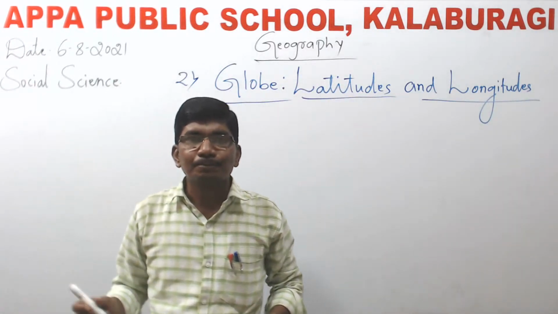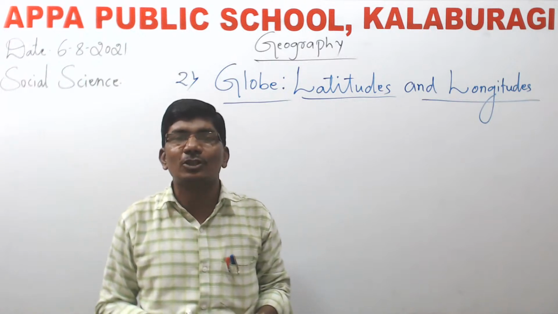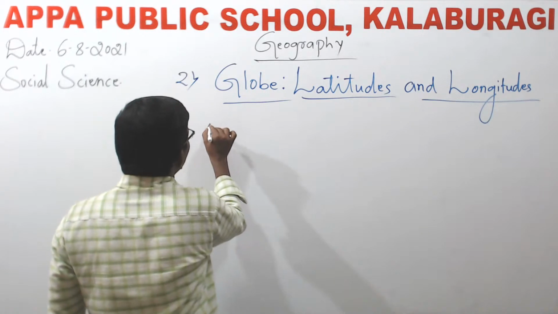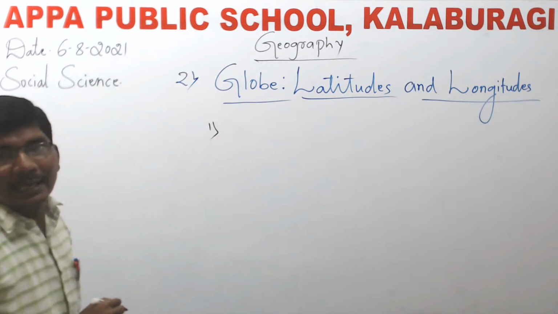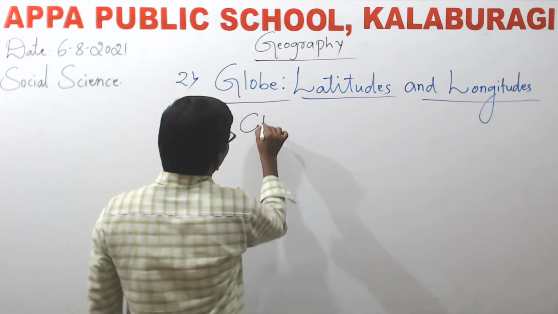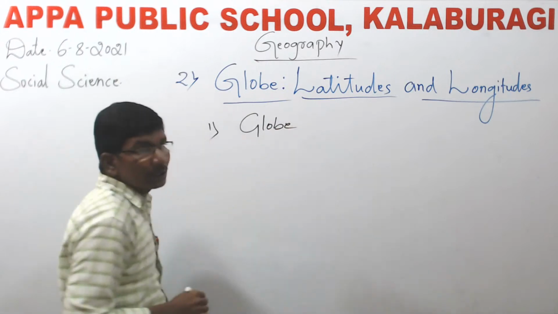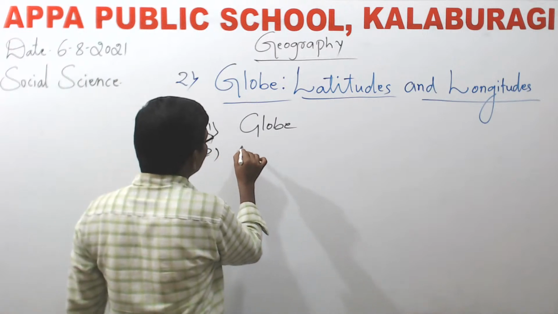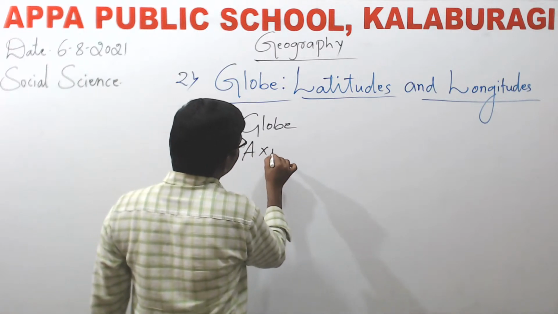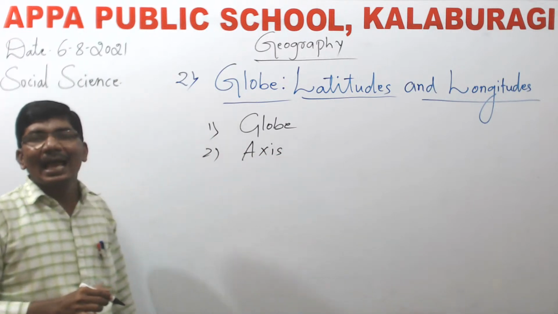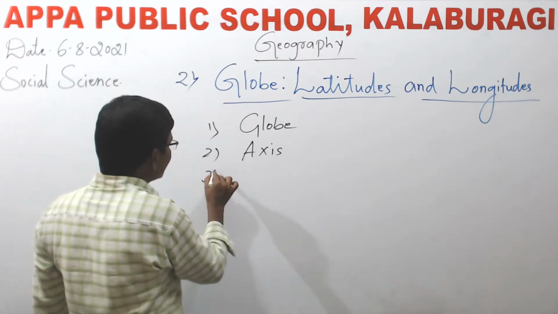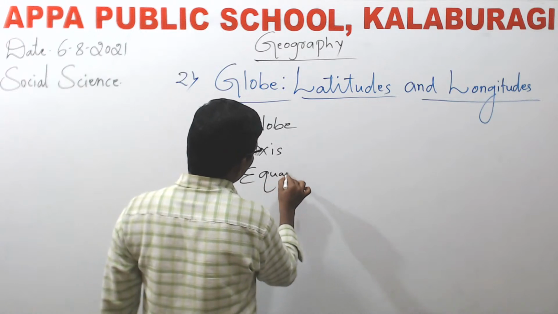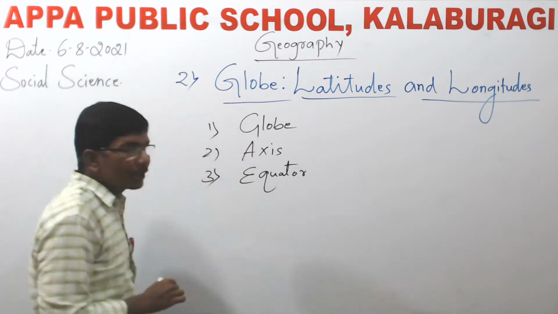Before starting the explanation of this chapter, these are the points I am going to discuss in today's class. First we are going to discuss the globe. What is a globe? Then the axis. What is the axis? Then the equator.